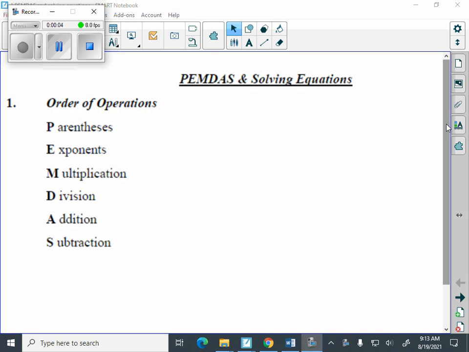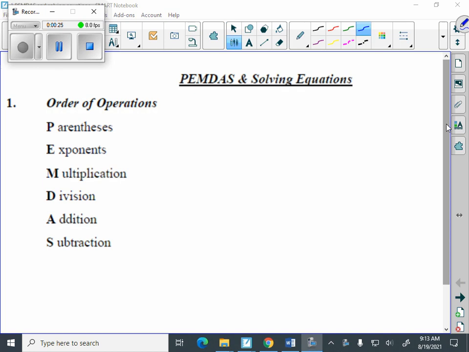So sometimes order of operations is called PEMDAS, which I don't really use that very often. It's especially hard for people who English is not their first language. But P stands for parentheses.